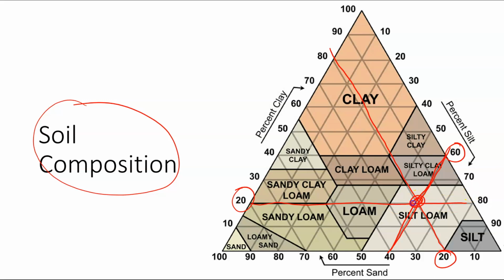Where those intersect tells me what type of soil I have, which would be what they call a silt loam. So it'll be a little heavy on the silt, but generally speaking, if we're looking for a high quality agricultural soil, so something that's good for growing things like food, we'd look for something in this loam range.